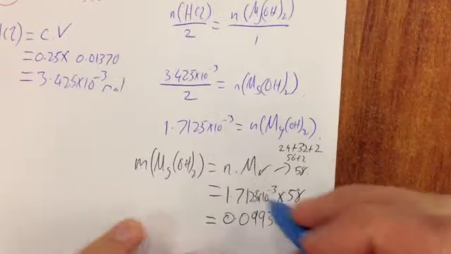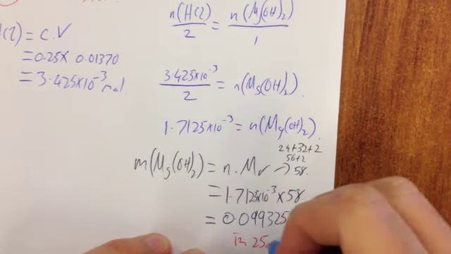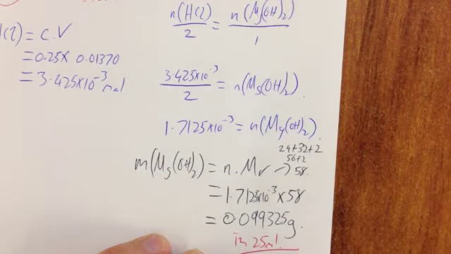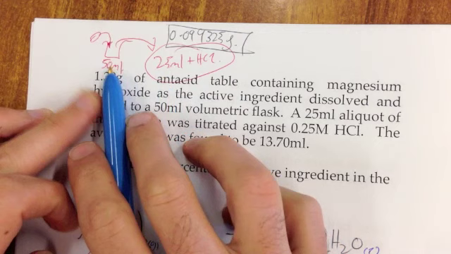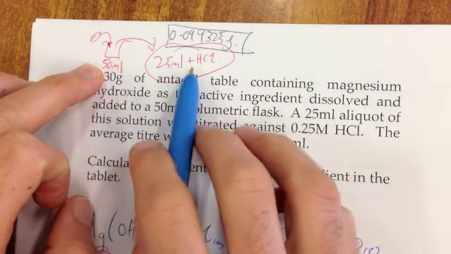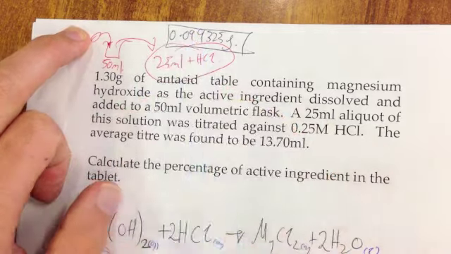So I'm going to write down here, in 25 ml aliquot. This is only half of what I had originally. So really, in my 50 ml, which was in my tablet, was double this.